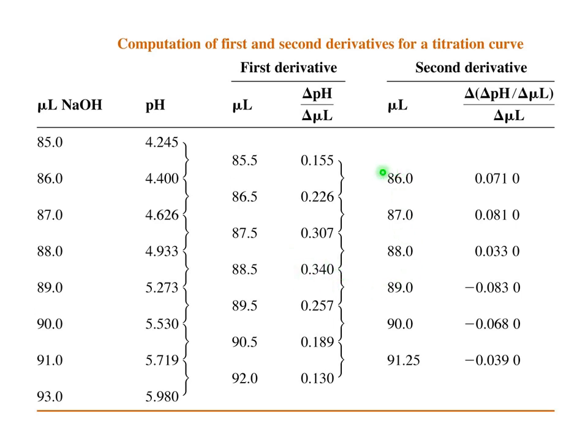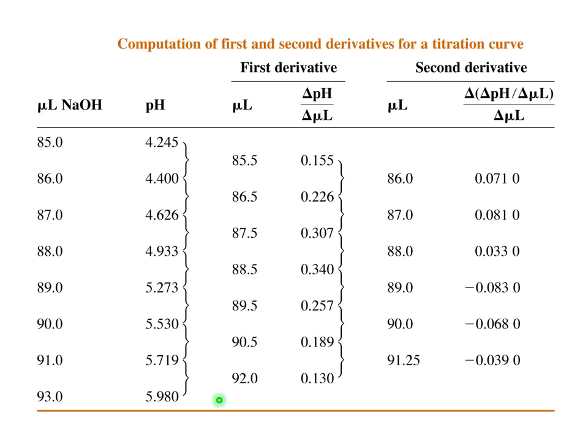You can also take the change of changes and then you'll have the second derivative. The second derivative changes sign when you have a maximum. So they were positive here, they're negative there. And this is the way we do all our titrations with automatic titrators.